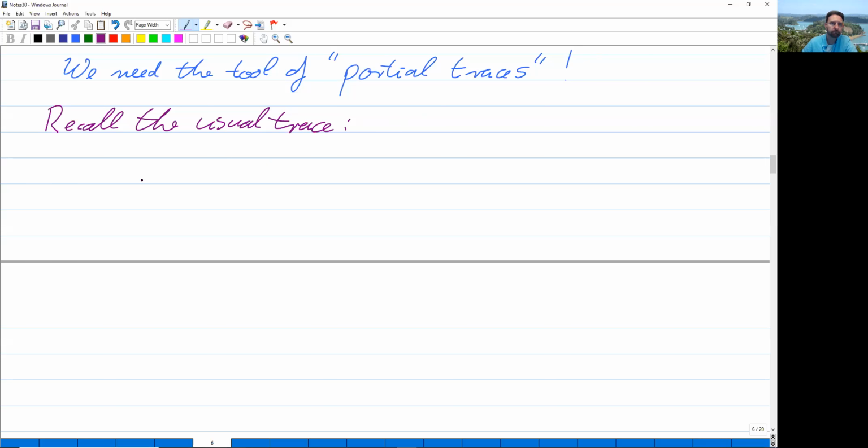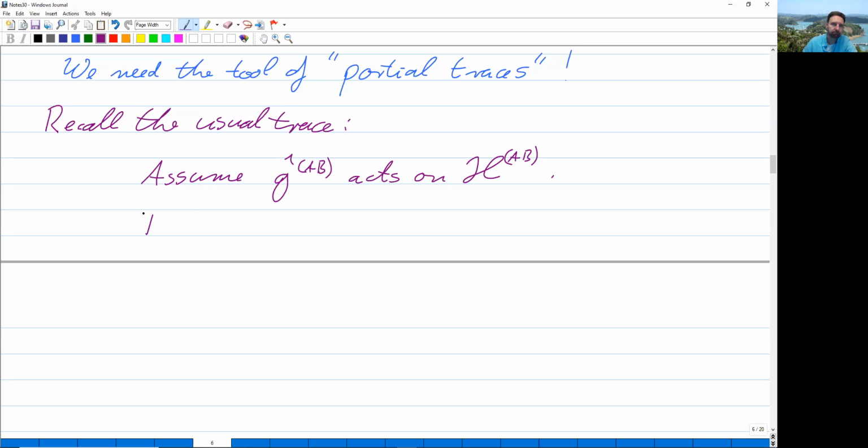Assume that G hat AB acts on the Hilbert space H AB. So this could be an observable, or it could be a density matrix, and so on.